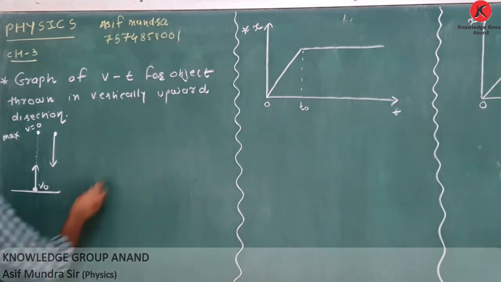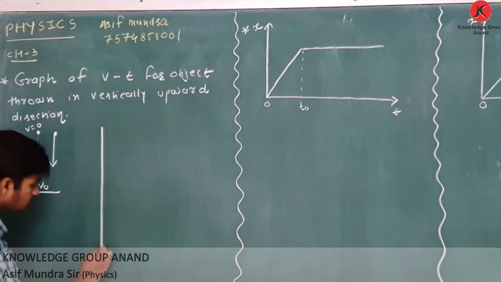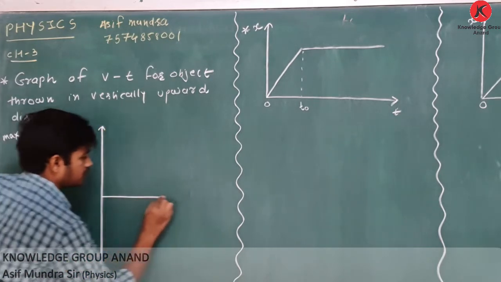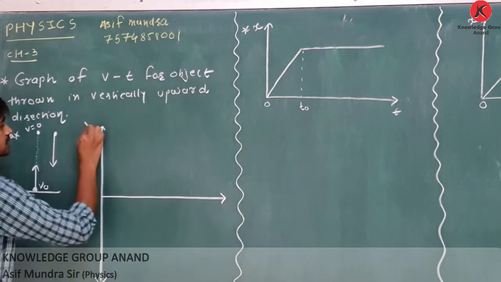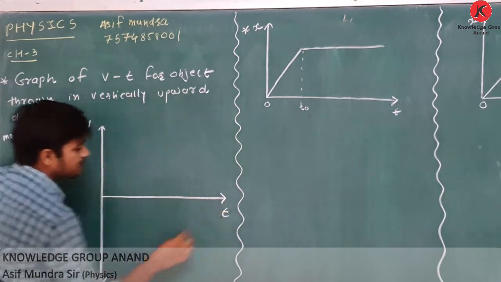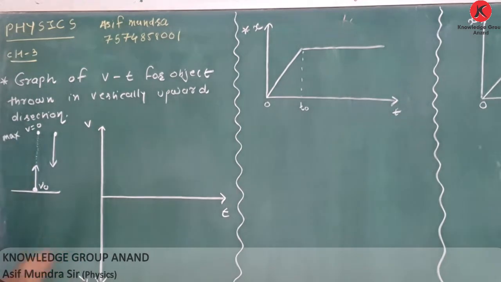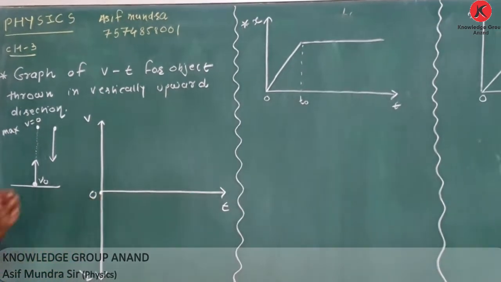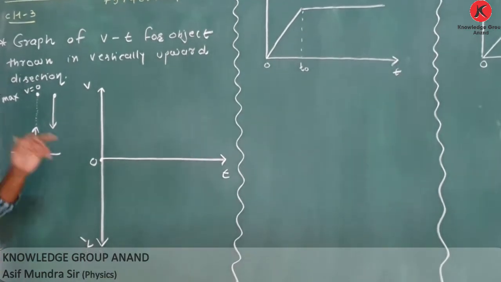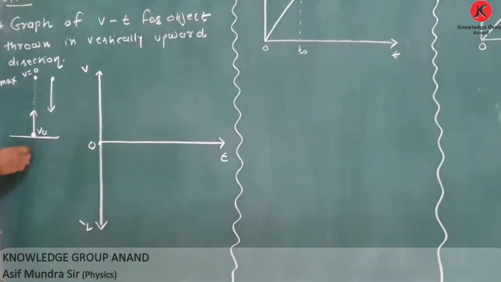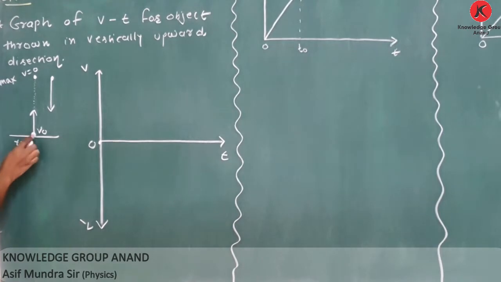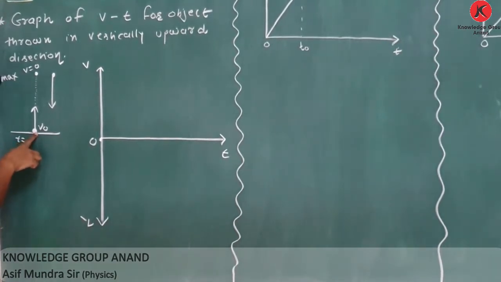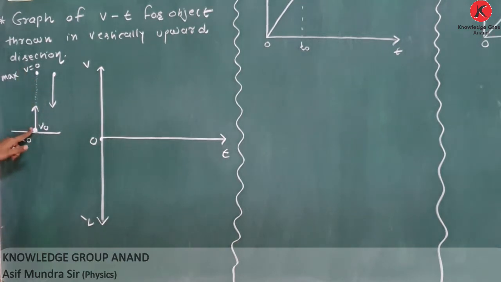Now see how to draw the VT graph. Here it is: the v-axis, plus v, it is time, and it is minus v. It is the origin, or we can say at time t equal to 0. At time t equal to 0, we throw the object in the upward direction, means its velocity is maximum.